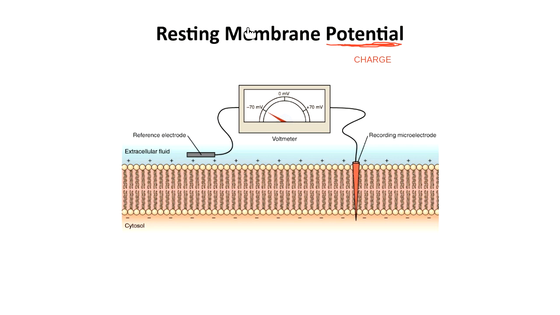Resting membrane charge. When that word comes back, that is polarized, a cell that is polarized, it has a potential. It has a different charge on the inside compared to the outside.